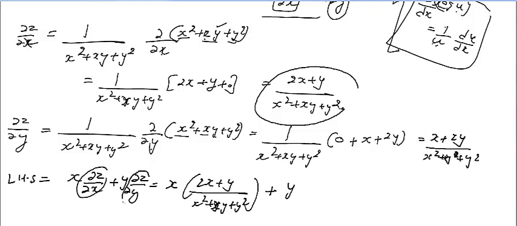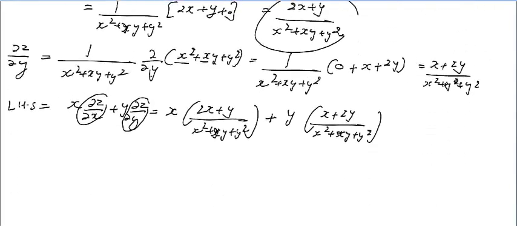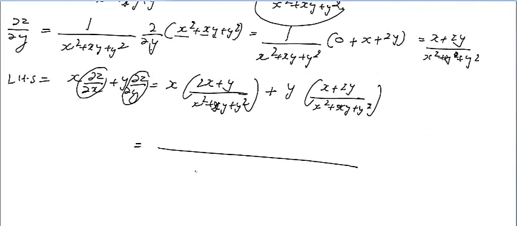Put the value of ∂z/∂y, which is (x + 2y) upon (x² + xy + y²). Correct? So you will take the LCM. The LCM is the same, x² + xy + y².